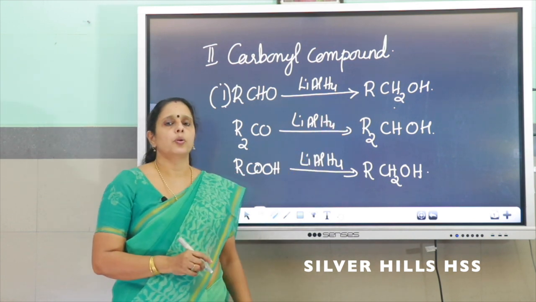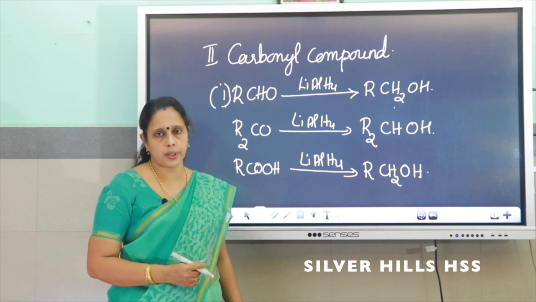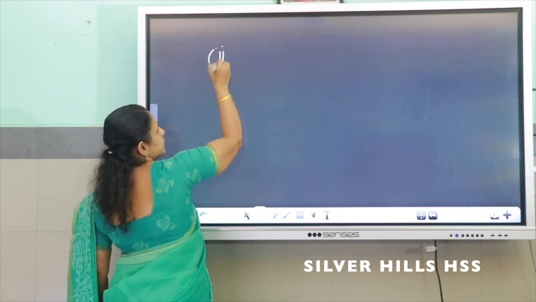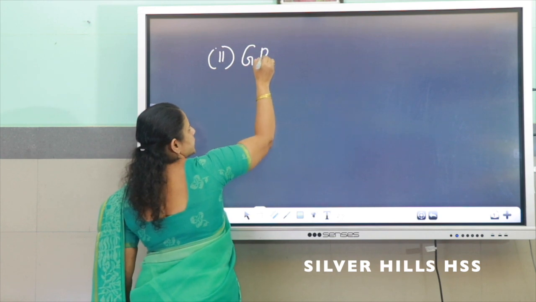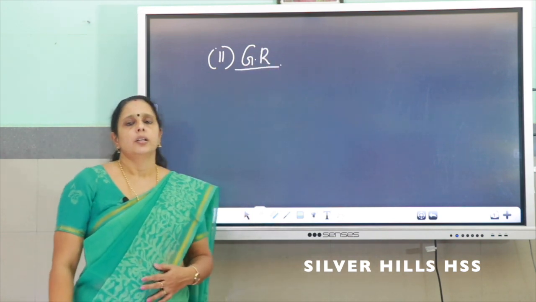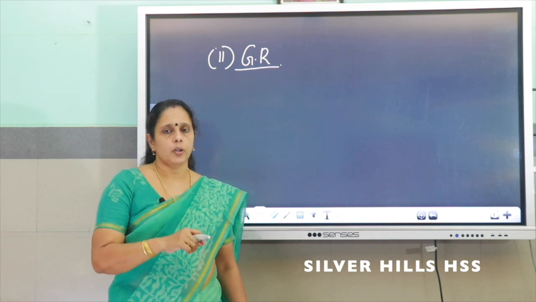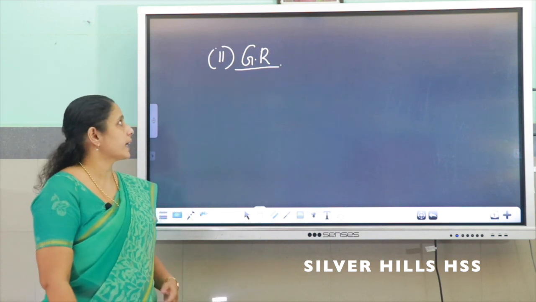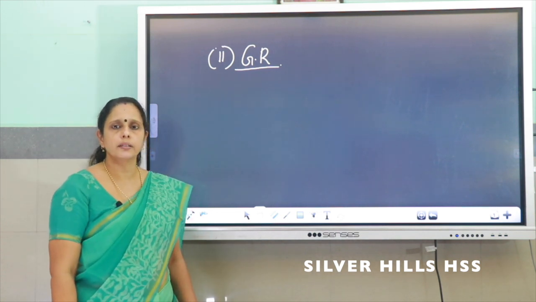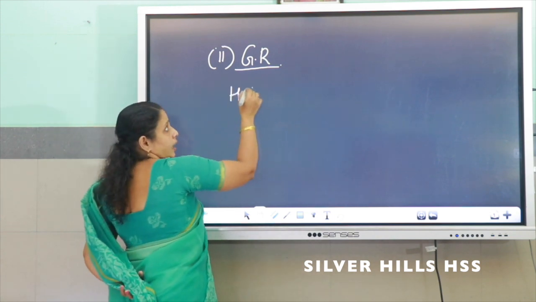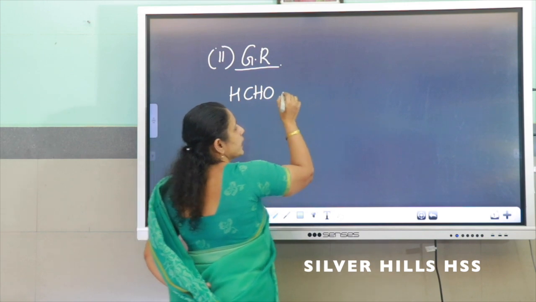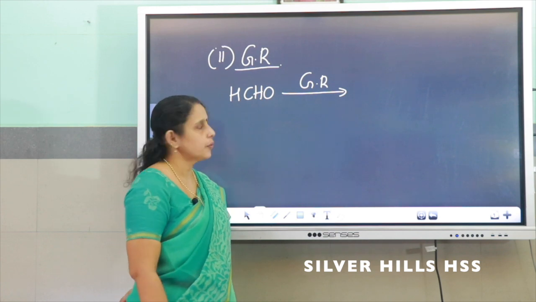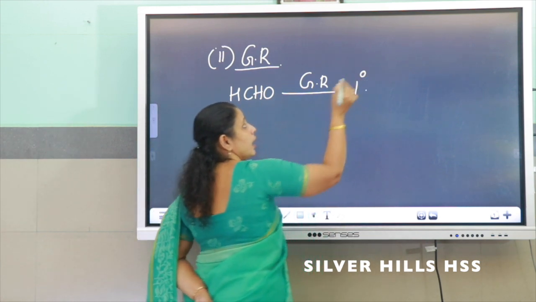From carbonyl compound, alcohols can also be obtained by using Grignard reagent. So, from carbonyl compounds we can prepare alcohol. The first method is reduction, the second method is using Grignard reagent. Methanal, when treated with the Grignard reagent and the product on hydrolysis, we obtain a primary alcohol.